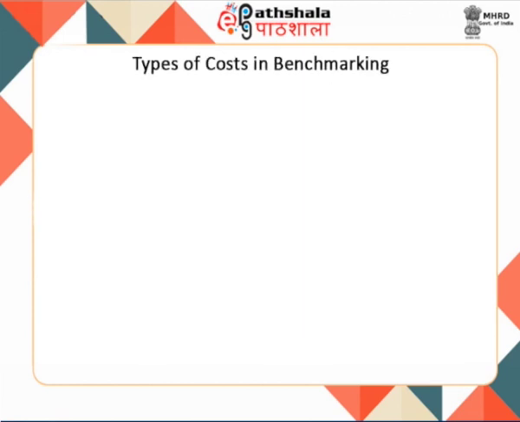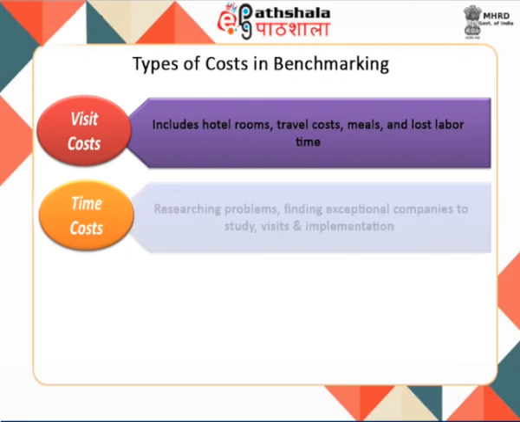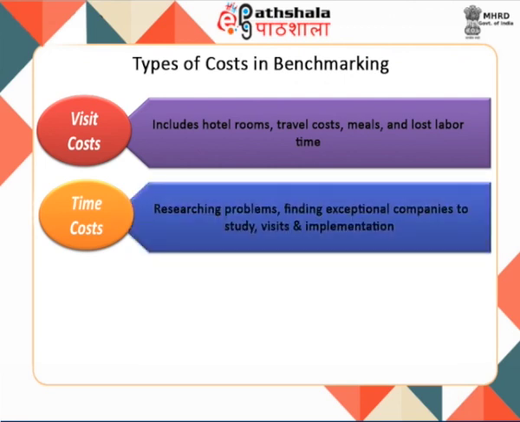The three main types of costs in benchmarking are: number one, visit costs. This includes hotel rooms, travel costs, meals, a token gift, and lost labor time. Two, time costs. These include time that members of the benchmarking team will be investing in researching problems, finding exceptional companies to study, visits, and implementation.